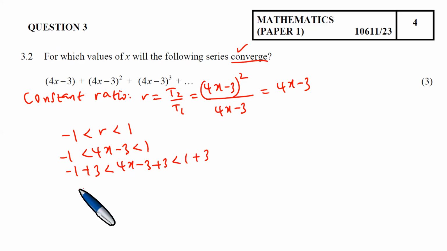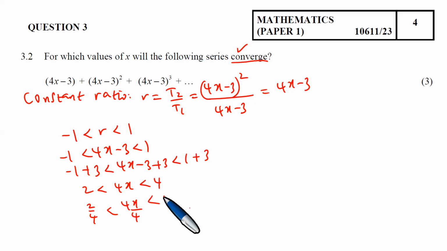And this is actually 2 is less than 4x less than 4. You divide through by 4. Dividing through by 4 is like 2 out of 4 is less than 4x out of 4 is less than 4 out of 4. And therefore, you have that 1/2 is less than x less than 1.